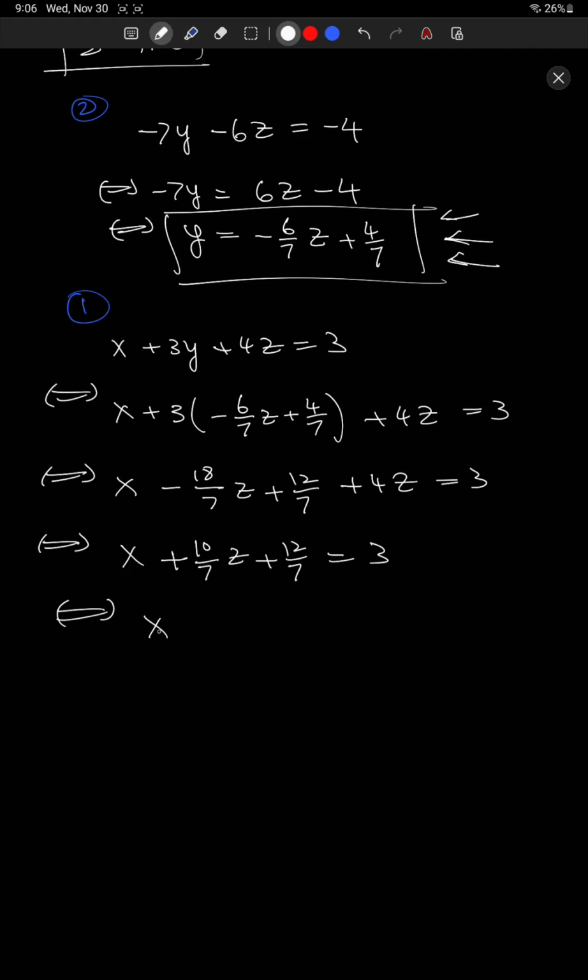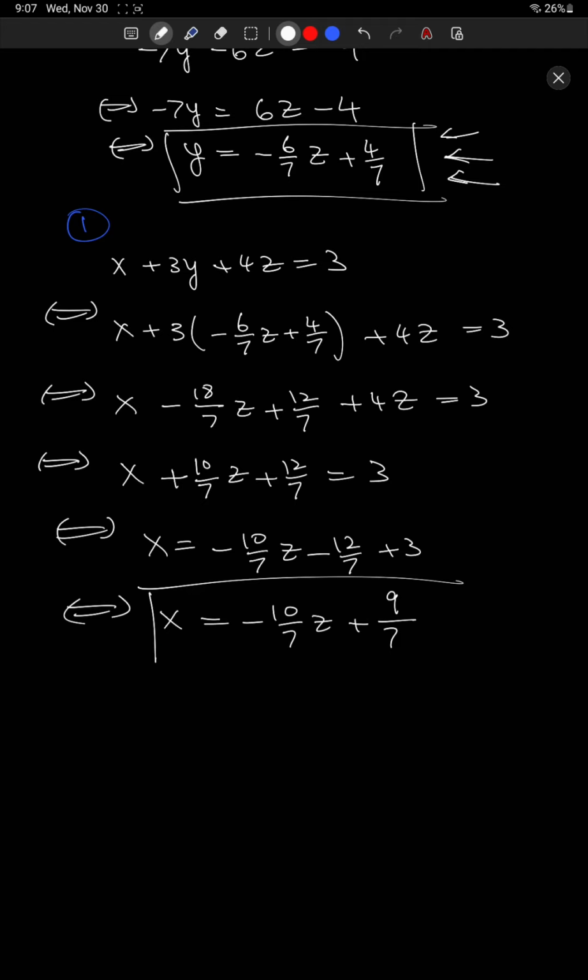And so this tells me x is equal to minus 10 over 7 z minus 12 over 7 plus 3. And just cleaning that up, I get x equals minus 10 over 7 z, and then this is going to be common denominators. I'm going to get 7 on the bottom. 21 minus 12 is 9. All right, so that's my x.